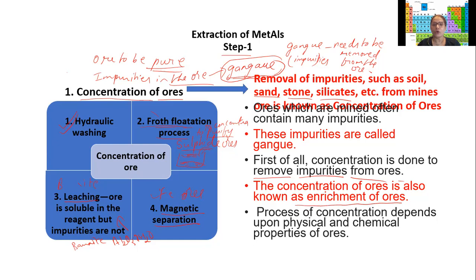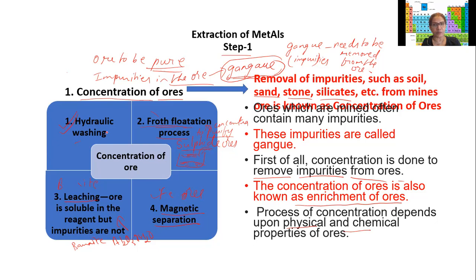The process of concentration depends upon their physical and chemical properties. Which method to use will depend upon what impurities are present with the ore. Whether to use hydraulic washing, froth flotation, leaching or magnetic separation will depend upon the impurities present with the ore. Depending on that, one of these methods is selected.